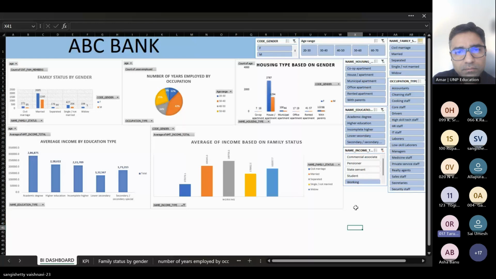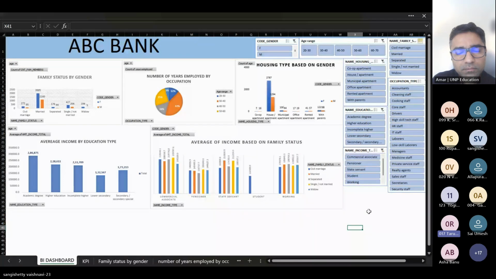And now, if you look at the marital status, this status influences income to some extent, where we see that the single individuals tend to earn the highest income among most employment types, particularly in commercial associates, which is around 2,30,000, and widows tend to earn lower compared to others in similar employment categories.